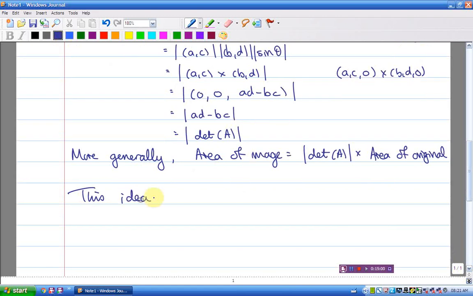And this idea, and by idea, if you could please keep quiet, I mean that with linear transformations, when you transform a region, in this case a square, you can relate the area of the image to the area of the original by the determinant of the matrix. That's the idea I'm referring to. I'll get to you in a sec. This idea can be extended to 3 dimensions.